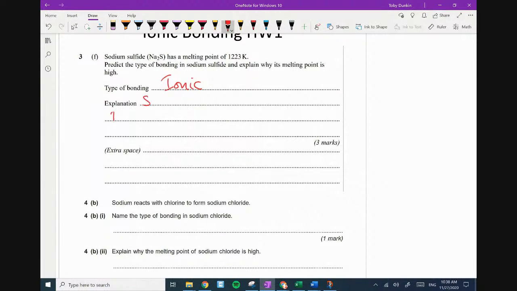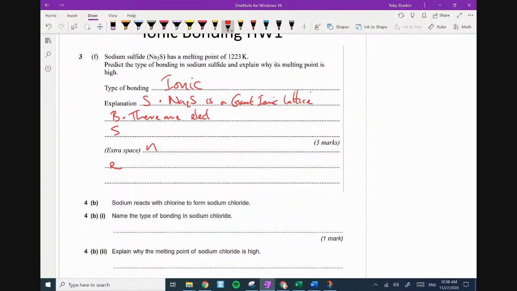Right. Susan Boyle sings Nelly the Elephant. Structure. So bullet point number 1. Na2S is a giant Ionic lattice. The bonds, there are electrostatic attractions.